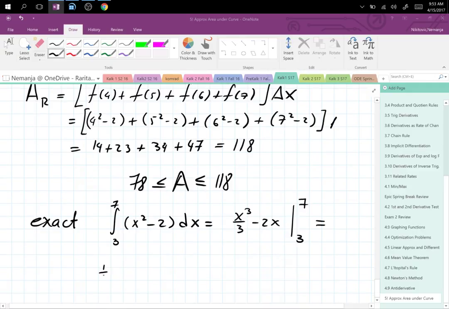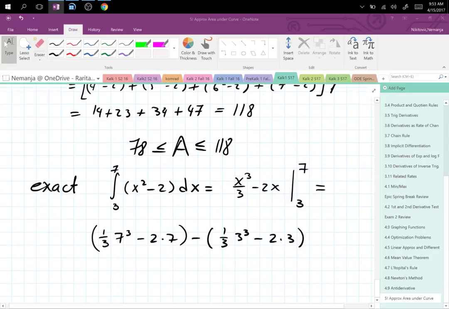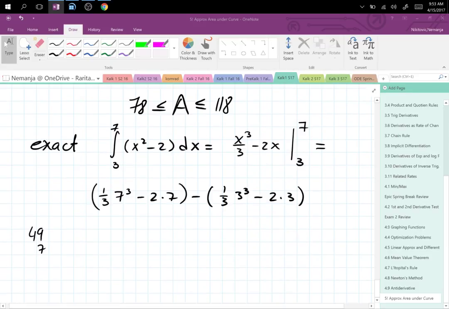So it's 1/3 of 7 cubed minus 2 times 7, minus 1/3 of 3 cubed minus 2 times 3. And you compute this. So 49 times 7 is the same as 50 times 7, which is 350, minus 7 is 343.